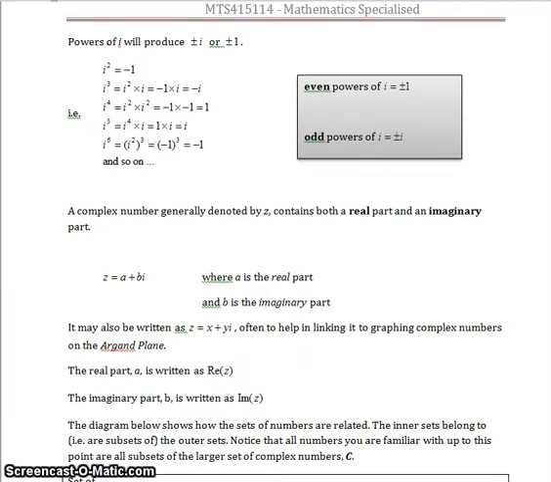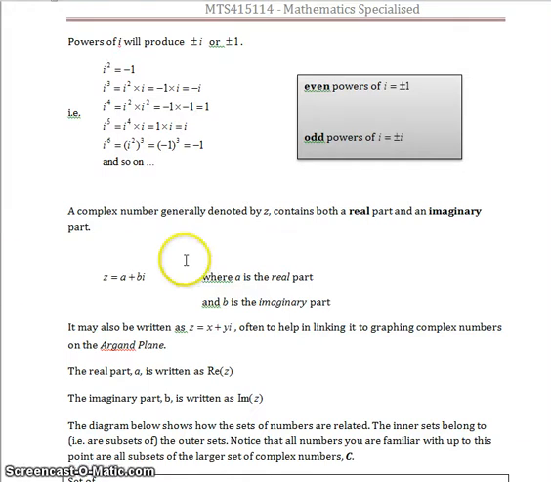Okay, we've been looking at what imaginary numbers are. That's what i is. I is an imaginary number. But a complex number really is composed of a real part and an imaginary part. Commonly we use z to represent a complex number, but if z is being used for something else, we might use w or u.